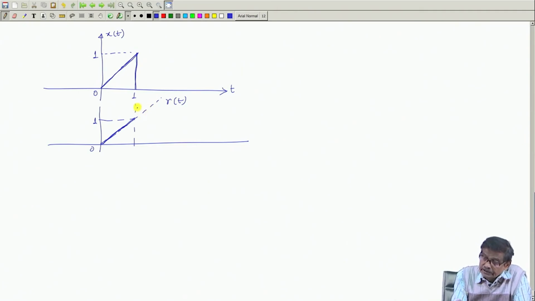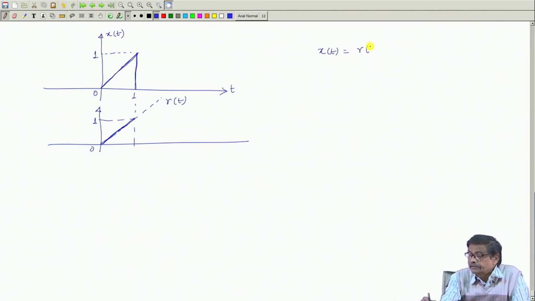Now, the question is, if you simply write x(t) is this one, that will be wrong, because x(t) equal to r(t), if I write that, is not the case, because for t greater than 1 I have to make the value of the function 0. Now, how can I make this function 0?